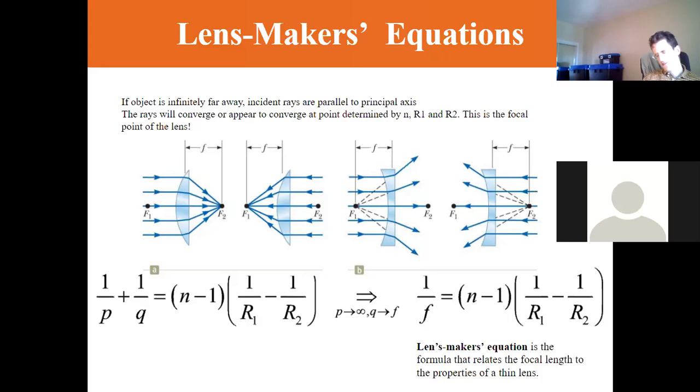That said, though, the focal length of a lens is a property of the lens itself. It's a property of the material it's made of and the roundness of its sides. The focal length is where the focal point is. Every mirror and every lens has a focal point, which is where part of the light rays converge.